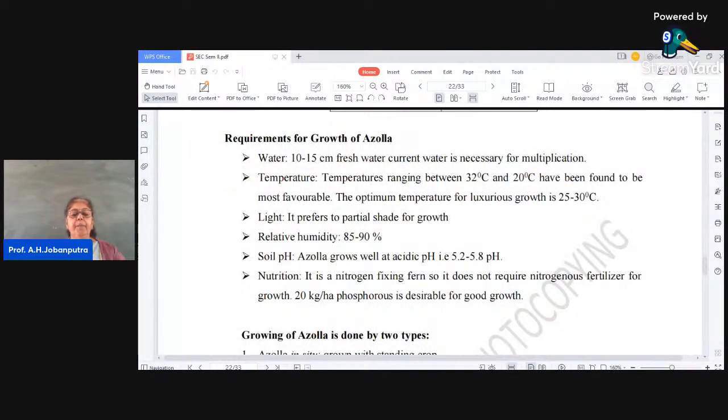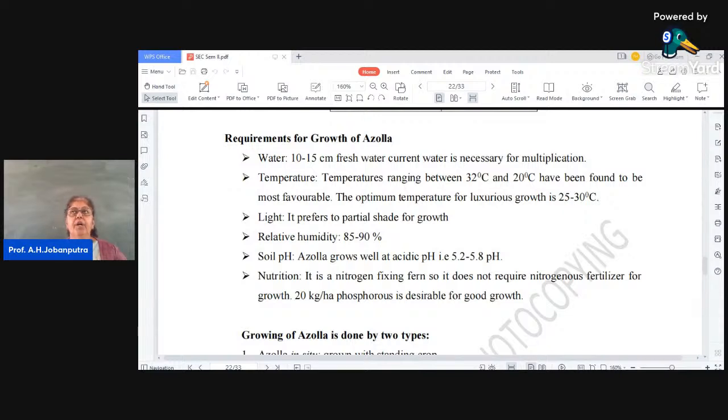The first important requirement is presence of fresh water. A 10 to 25 centimeter layer of fresh water current is necessary for multiplication of Azolla. The temperature requirement is almost 20 to 32 degrees, and optimum temperature is 25 to 30 degrees.